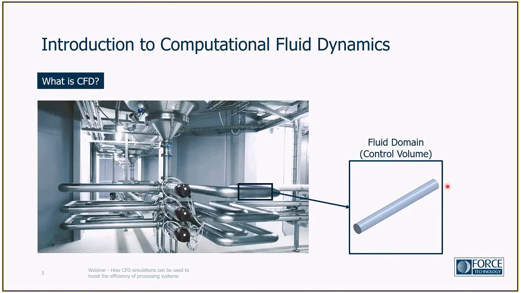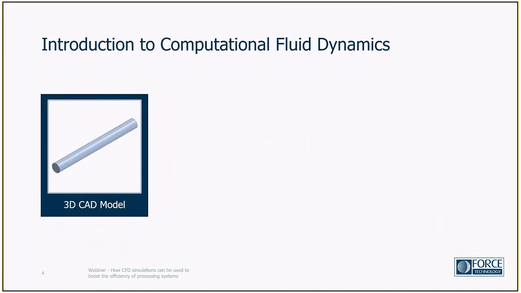This is the volume where we want to know everything about the flow, such as the flow velocity or temperature or pressure inside this volume here. And the first thing we do when doing a CFD model is we generate a 3D CAD model where we represent our physical system here.